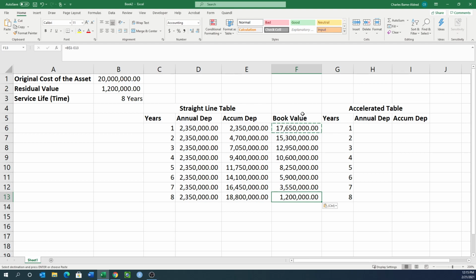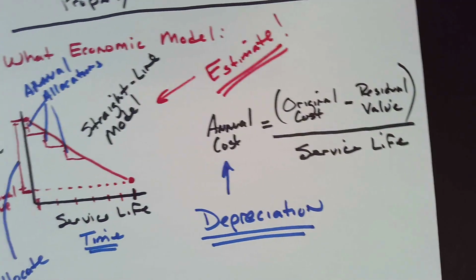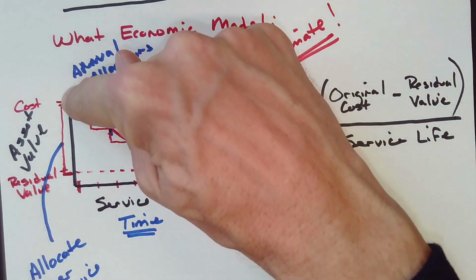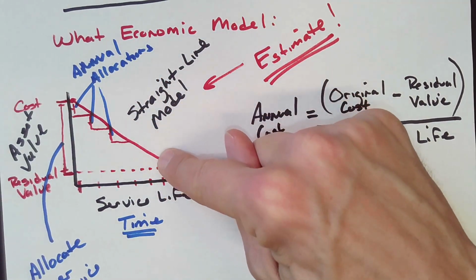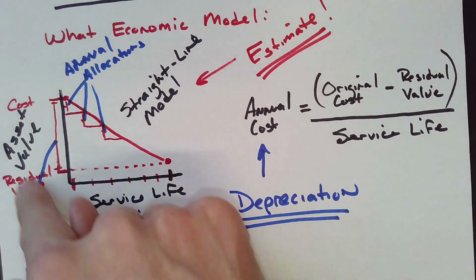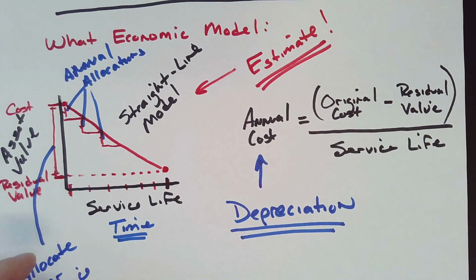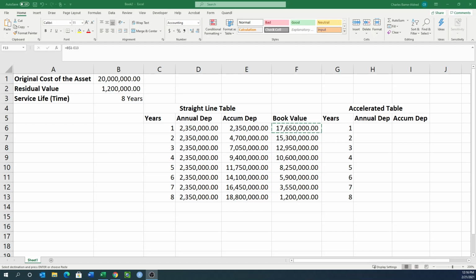And that's very similar if we go back to our little model that we had. That's what we see here, just slowly going down evenly throughout. And we'll see if we can do an Excel graph to show that.